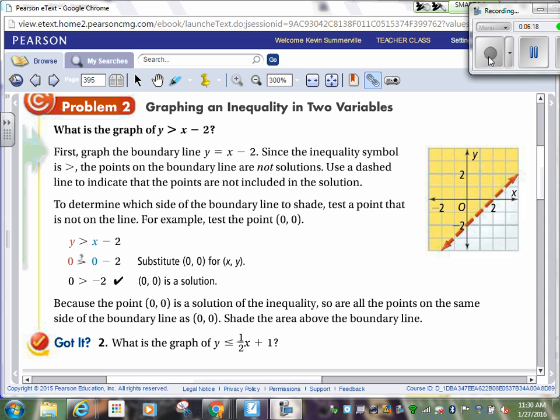In problem 2, we start off with this equation. And what you want to do is change it so it looks like that equation, where you have the equal sign. That's what we did all last semester. We graphed this type of equation. So just like I showed in the two examples above, I'm going to take this inequality and change it to that just so I can make the graph.